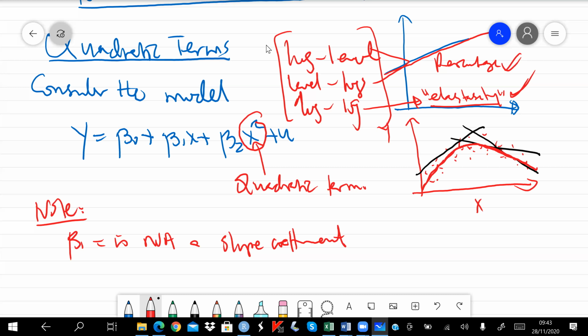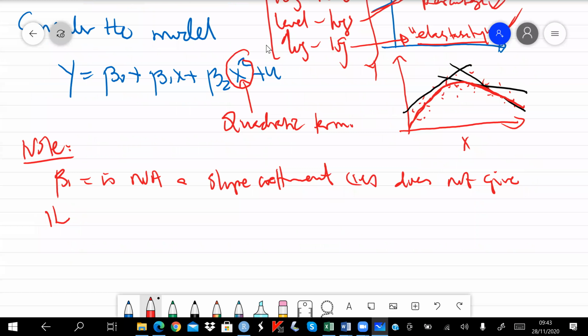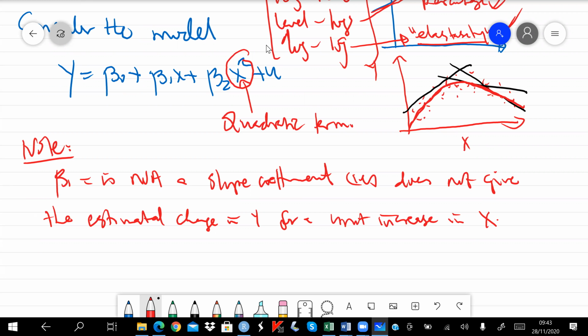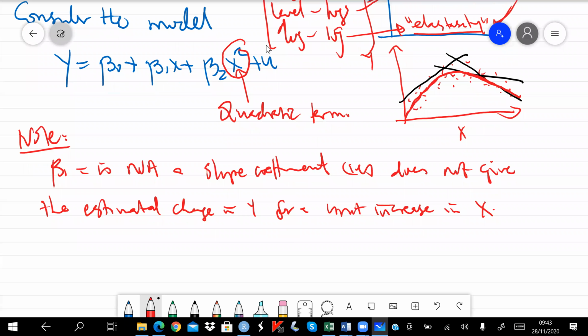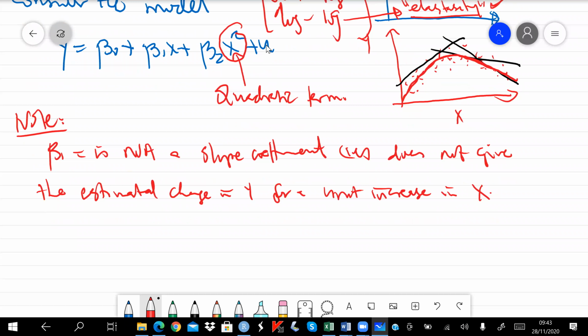That is, it does not give the estimated change in y for a unit increase in x.